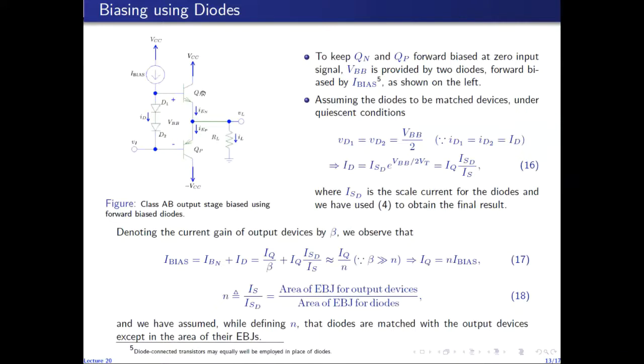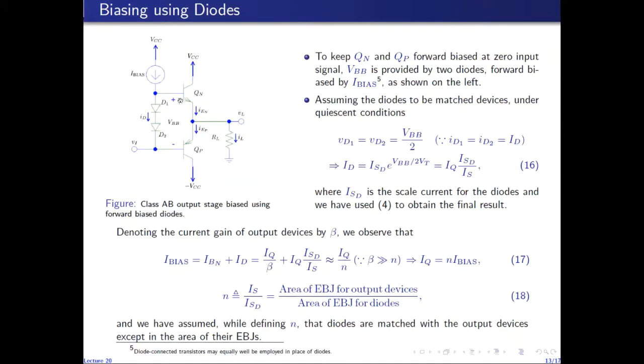So at fixed VBE, if the temperature of the device increases, then its collector current will increase. So when the collector current increases, the power dissipation in the device increases, which in turn increases the temperature again. So this increase in temperature will increase IC again, which will increase the power dissipation and the temperature again.